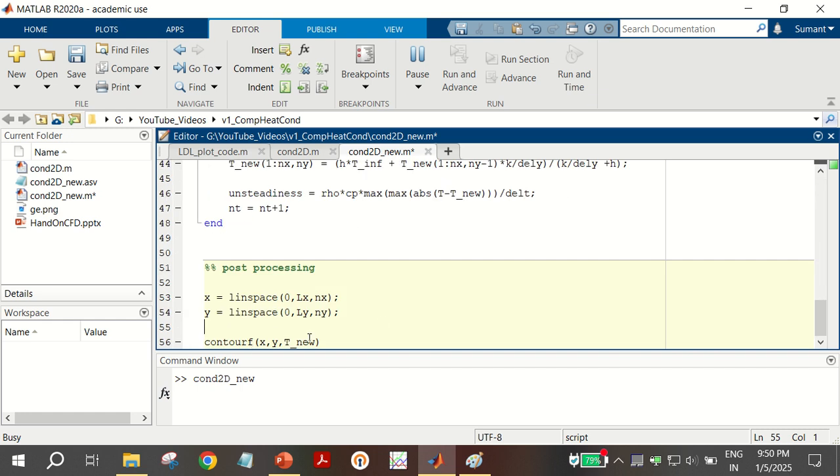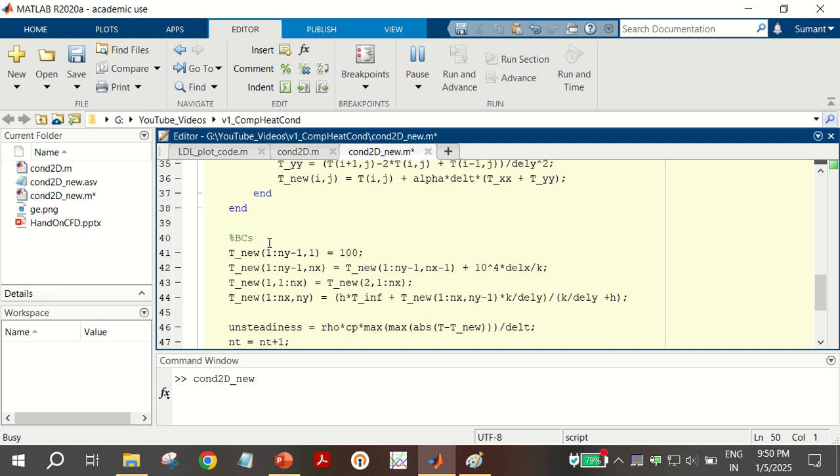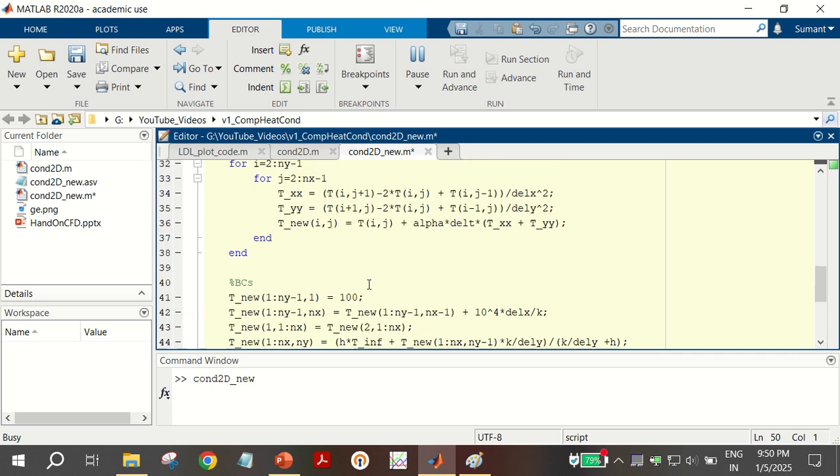So this is a post processing. So contour f is the field contour through which you can visualize the temperature field.